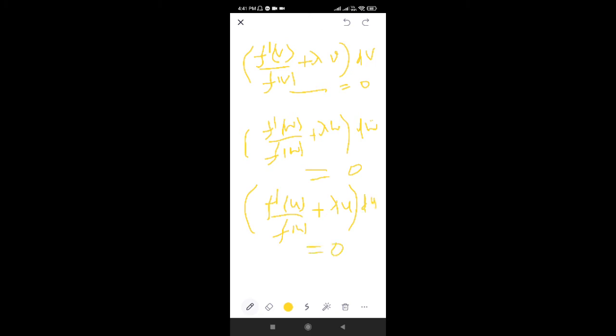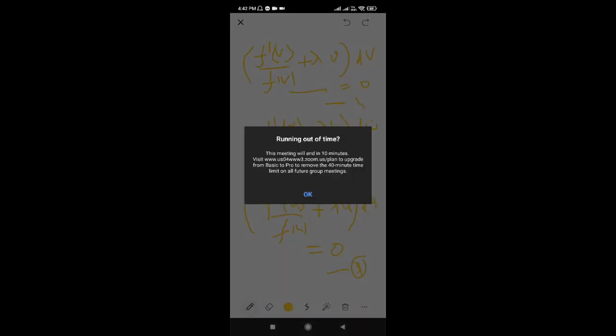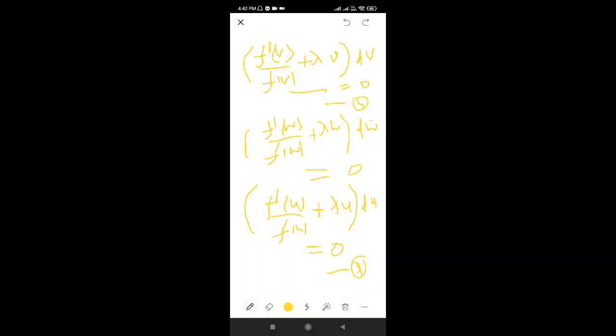Now we got three equations. If we have already started giving numbers, the first two equations are over. Say this is 3, this is 4, this is the fifth equation. 3, 4, 5.